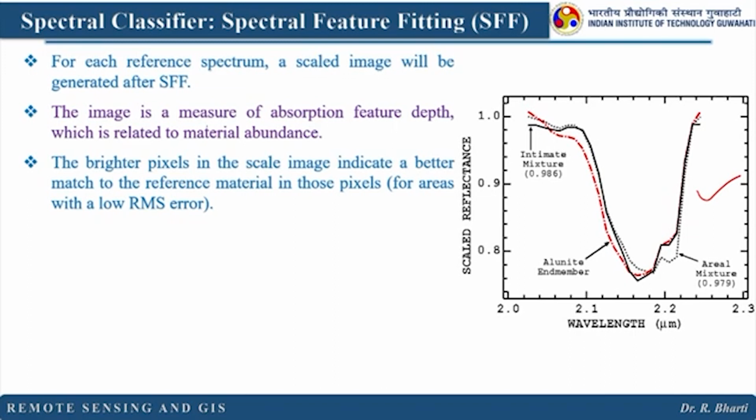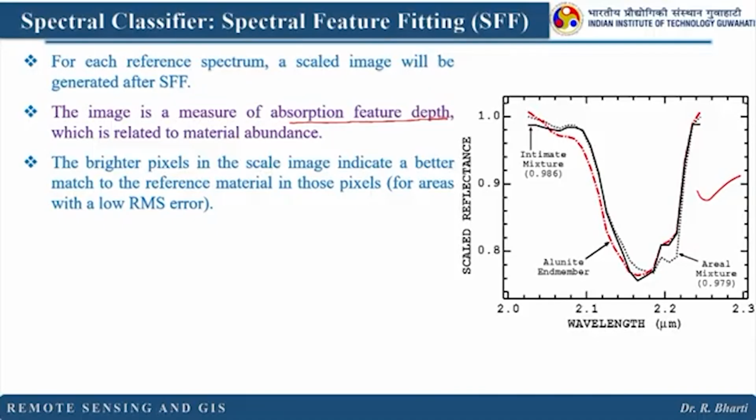That means if the absorption features are matching more, you will have a very good classification output. And the intensity in the output image indicates the presence of that particular material in that pixel. So if matching is more, you will have a higher value.